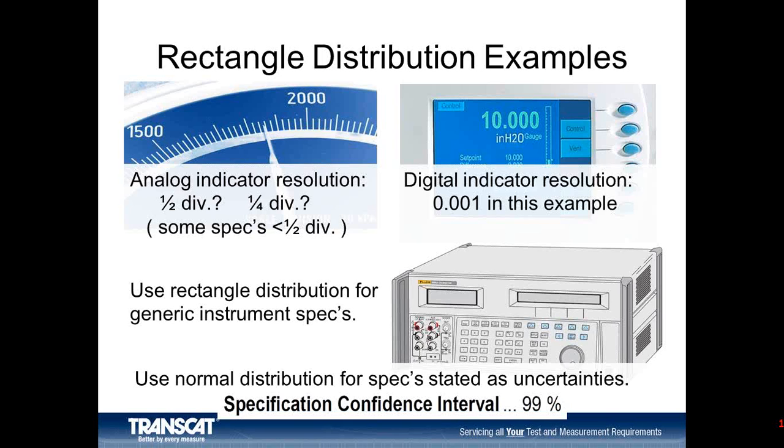That being the case, those would be treated as having normal distribution, whereas if the specification is more generic and doesn't indicate some coverage interval, 95% or 99%, or it's just a generic specification, then at Transcat we would assign the rectangular distribution.